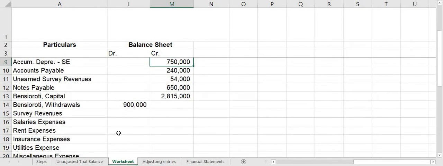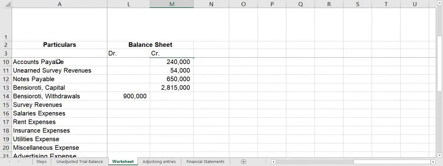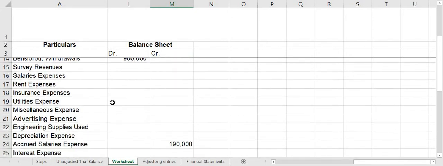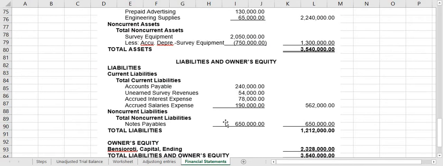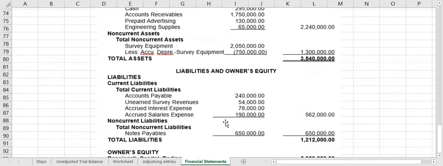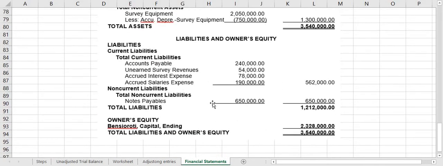Ito si accounts payable, unearned revenue, accrued salaries, and accrued interest expense. Same amount na nasa ating worksheet, yung matatransfer sa ating balance sheet. For the non-current liabilities natin, it is the notes payable, 650,000.